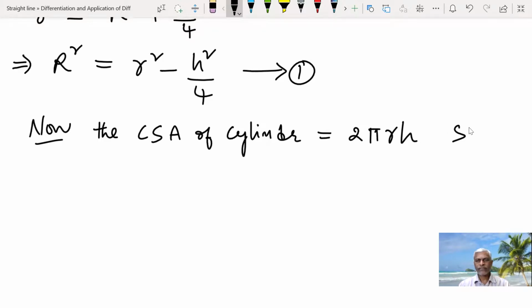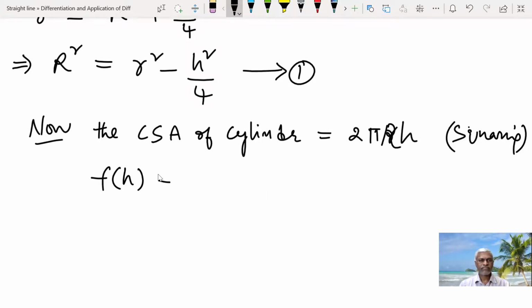Squaring it, taking f, we get 4 pi square R square h square.